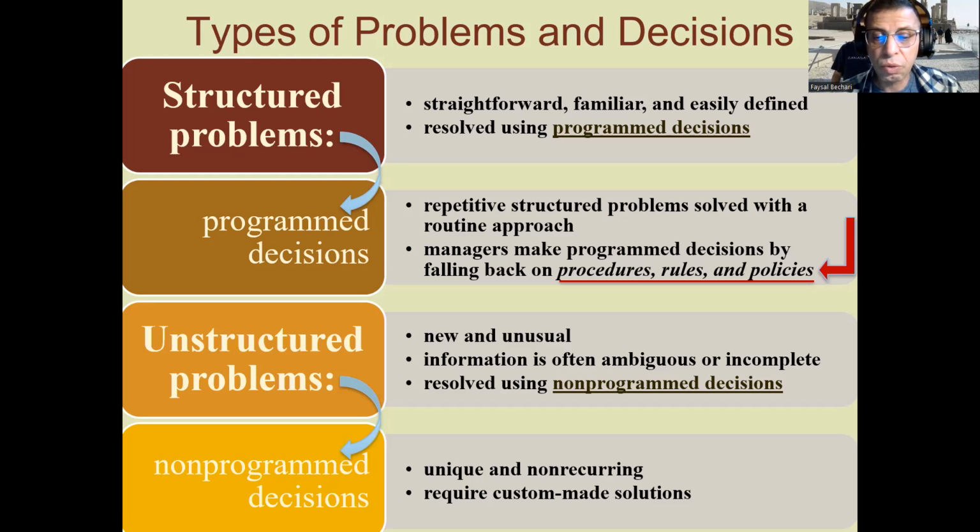Then you have what you call unstructured problems, which could be new and unusual. Information is often ambiguous or incomplete, resolved using unprogrammed decisions, and it's usually unique and requires a custom-made solution.